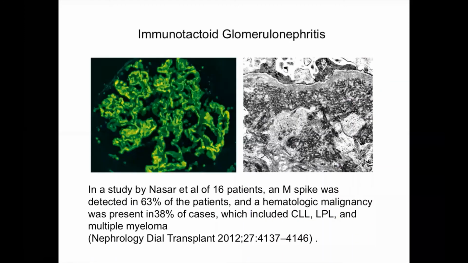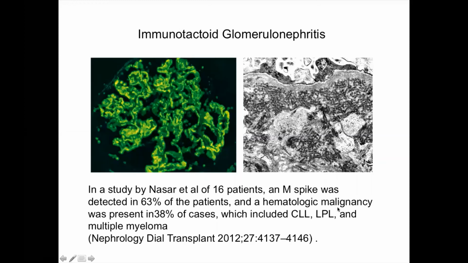Basically, they've done so many studies about immunotactoid, and when they do electrophoresis for these patients, as we said, these are related to plasma cell dyscrasias. So they see there is an M spike on electrophoresis of these patients, of IgMs.